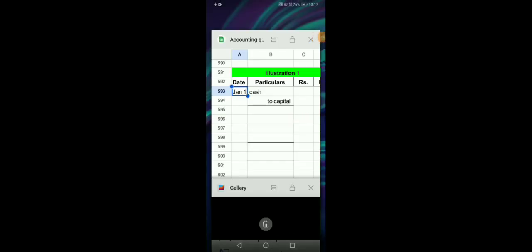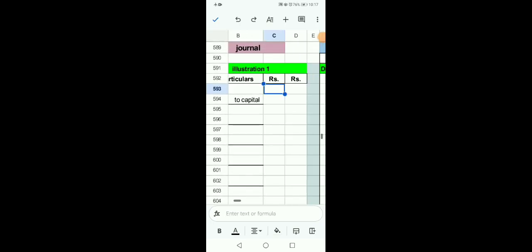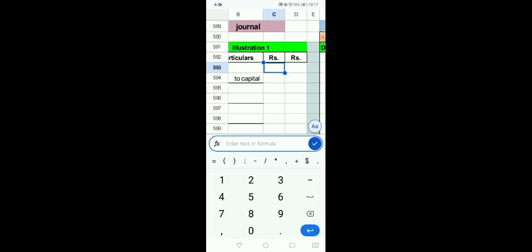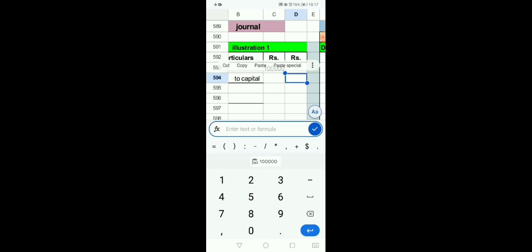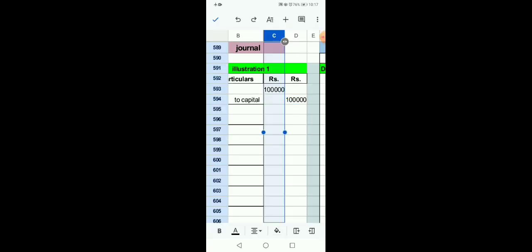So now you will write 1 lakh rupees on the first line, which is the debit side, and you are supposed to write the same amount on the credit side as well. In accounting, debit and credit sides are always equal. So if you write anything on the debit side, the same amount is written on the credit side. This way the first journal entry has been completed.